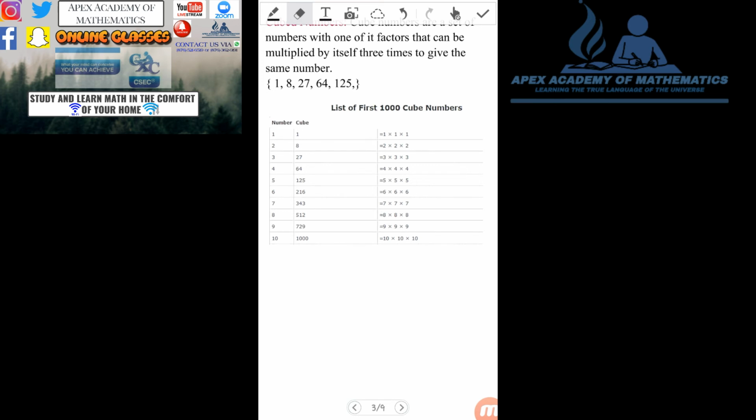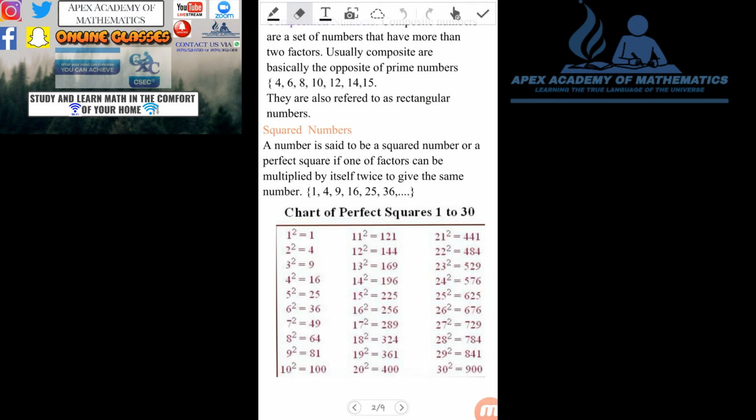All right, so what I want to do in the last part of my video is to show you a really nice technique: cube numbers and squared numbers are somewhat connected. There are some special numbers that you need to look out for. Take for example the number 8 squared.